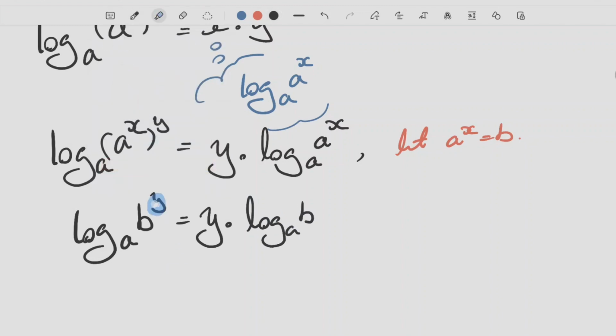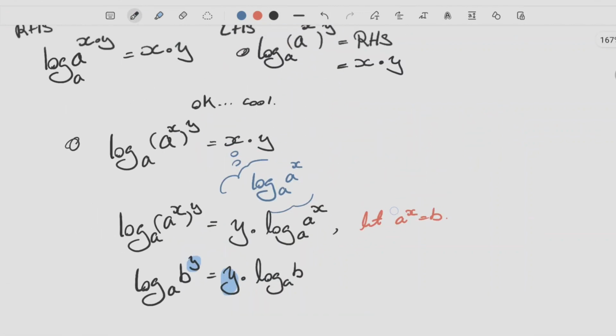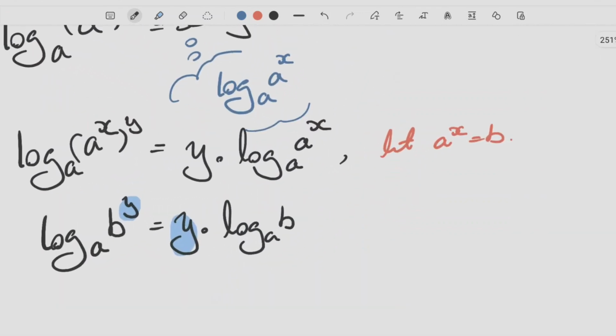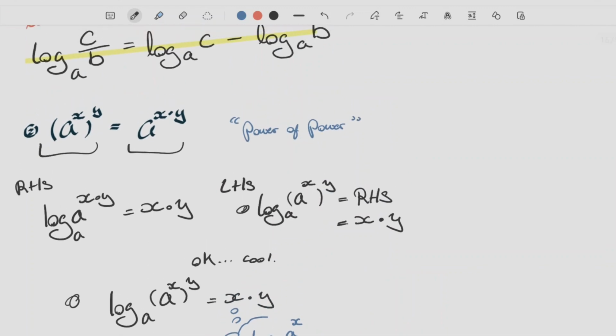So we see that this falls outside. Now that we've done the steps, we see that it makes sense in that it's all flowing from how a power raised to some exponent is the same as just multiplying the exponents to begin with.